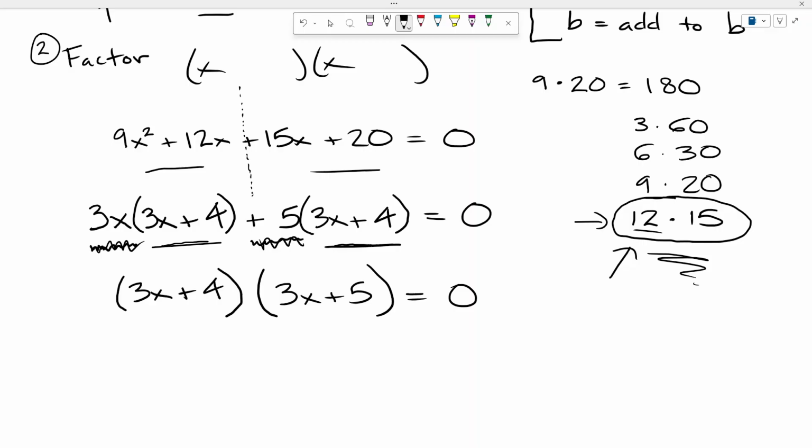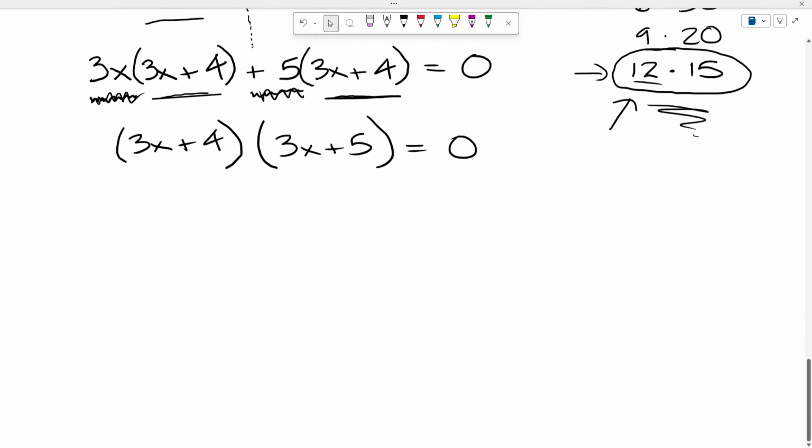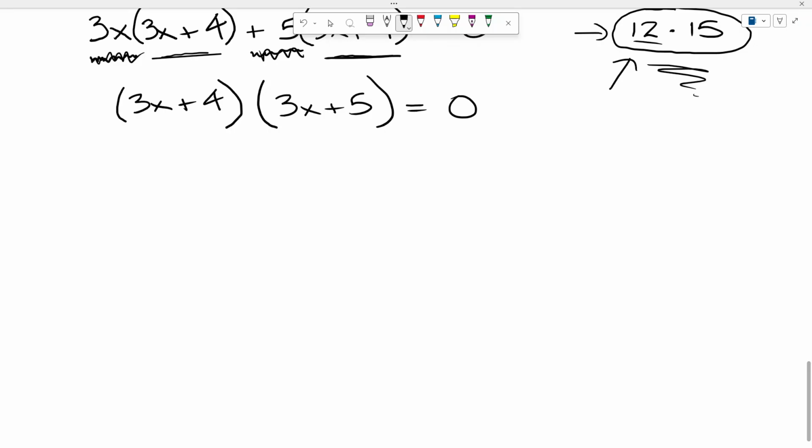So now we're at our step 3, where we can apply the zero product principle. Our two algebraic expressions are equal to 0, so we can take and set each part equal to 0 individually.